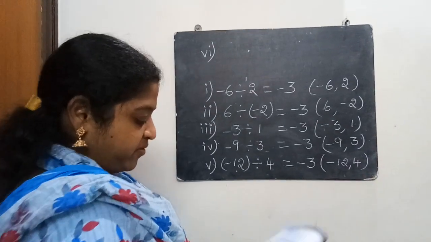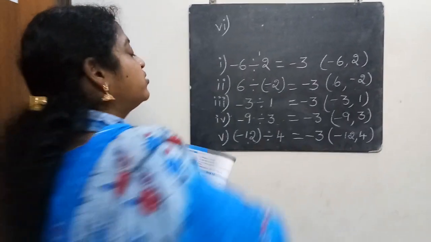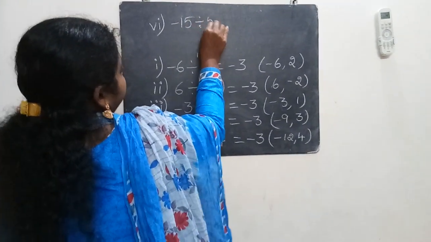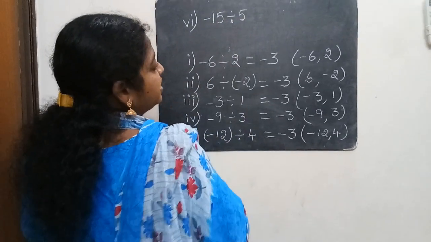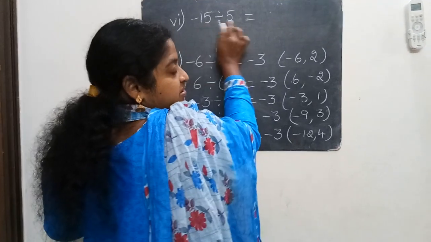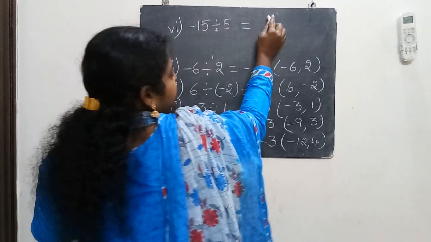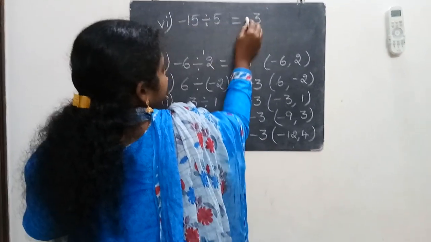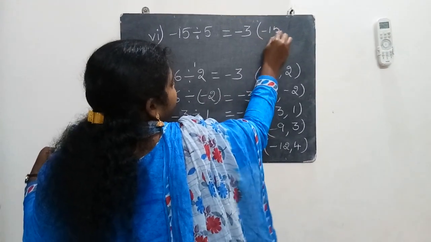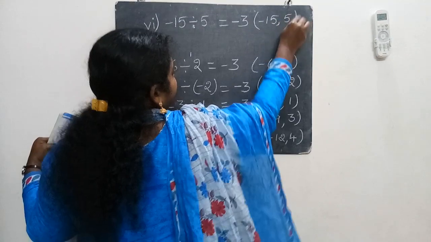One more, what will we get, children? Minus 15 divided by 5. In the 5 table, where will you get 15? 5 3s are 15. And the answer is negative here. So the combination is minus 15 comma 5.